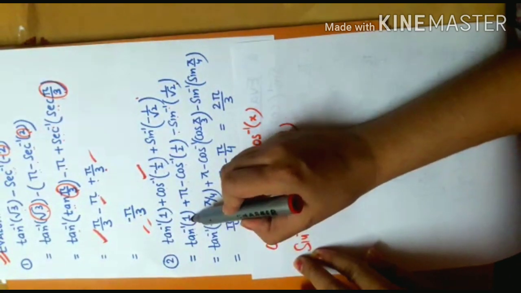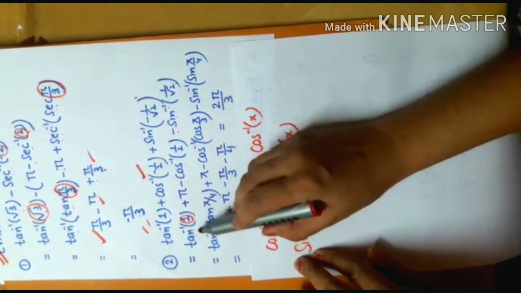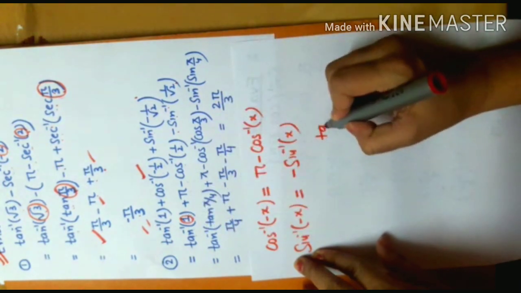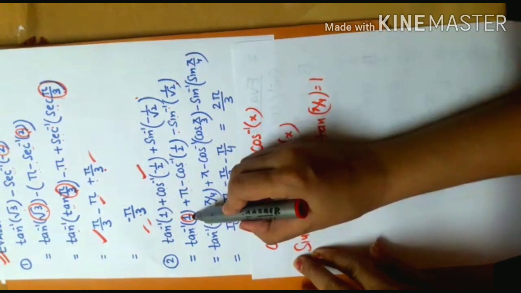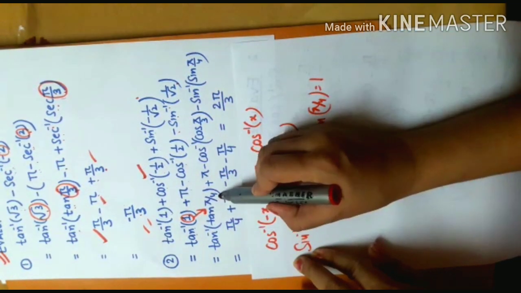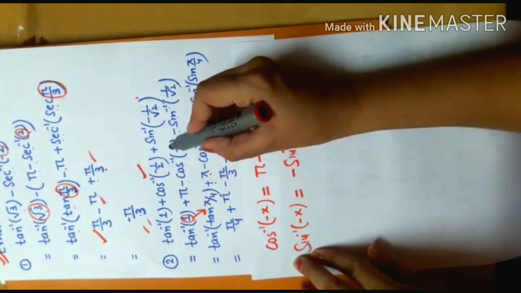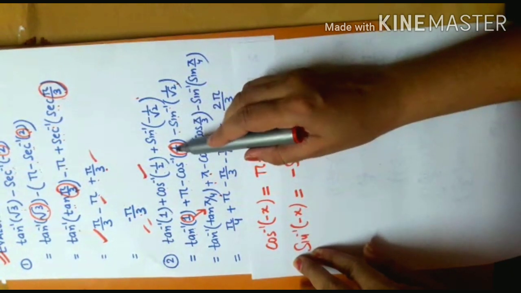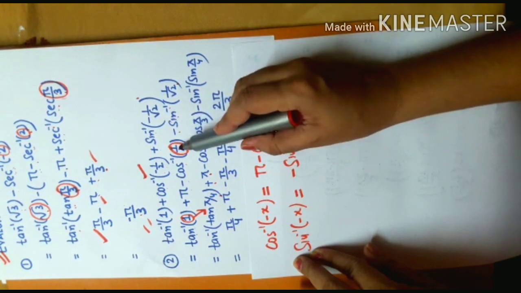Now it is tan inverse 1. Think of the angle whose tangent is 1. We know that tan 45 degree, that is tan pi by 4, is equal to 1. So I replace this 1 with tan pi by 4 plus pi, and here think of the angle whose cos is 1 by 2, and we know that cos pi by 3 is 1 by 2.